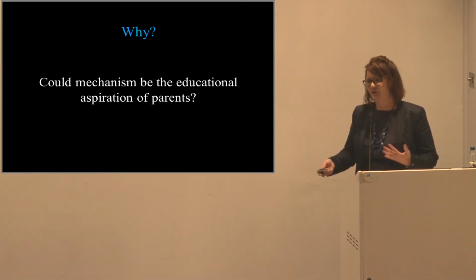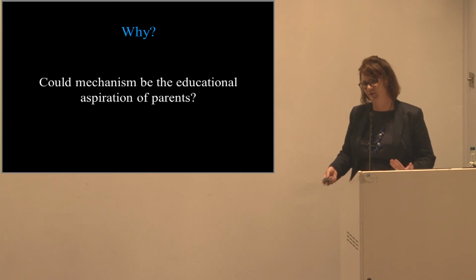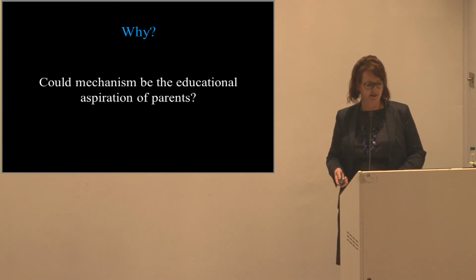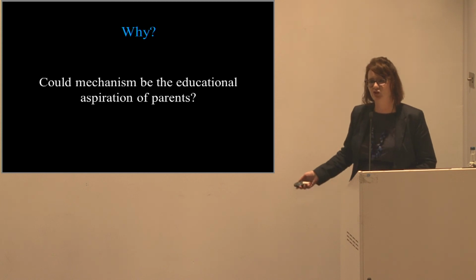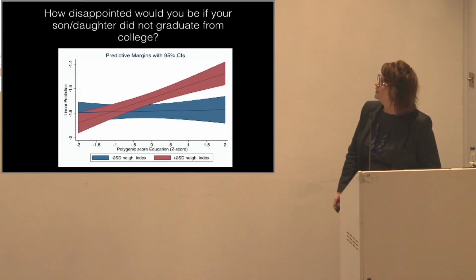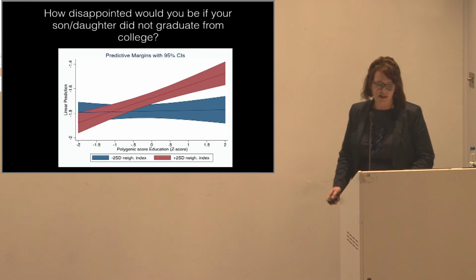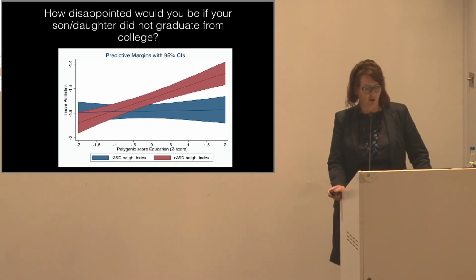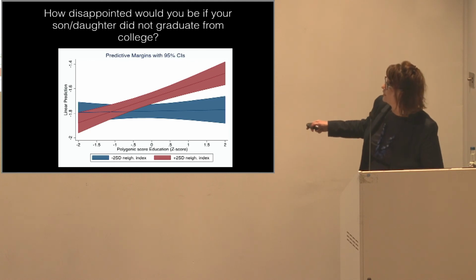And there's lots of reasons why, but one of them that we were able to look at in the data set was it could be the educational aspiration of the parents. So indeed, it was asked how disappointed would you be if your son or daughter did not graduate from college. These are again the high socioeconomic group, and it shows the parents' expectation for them to go to college.